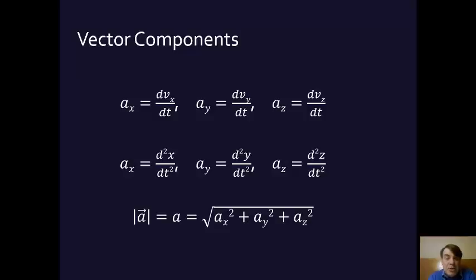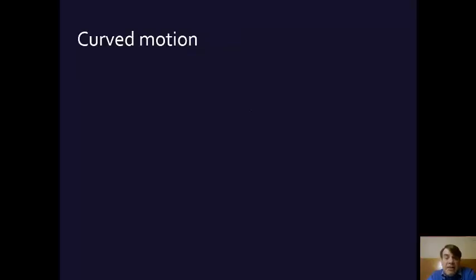This is a squared plus b squared equals c squared. Straightforward Pythagorean kinds of things. Okay, so everything that I just did is basically taking the same principles of the first section of this chapter and applying them to acceleration now.